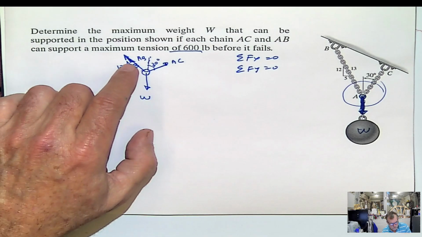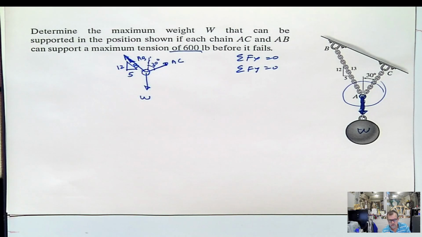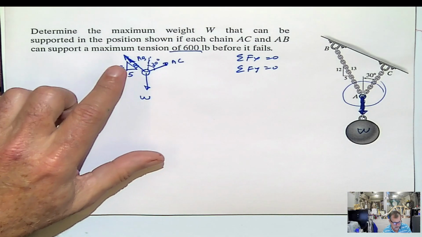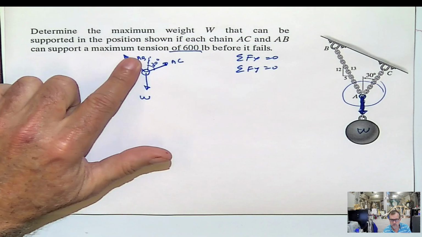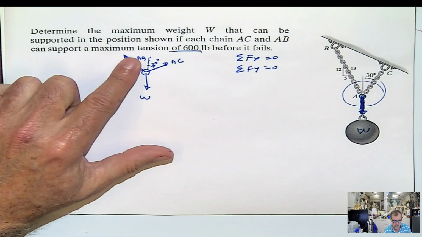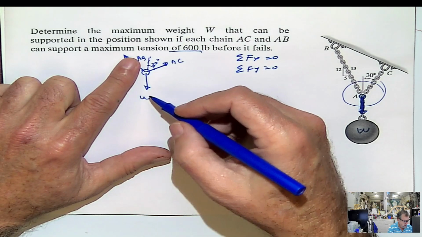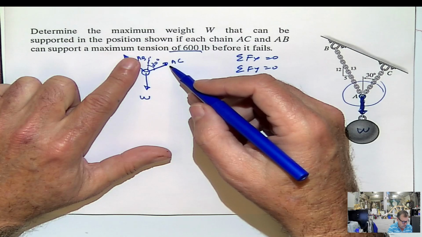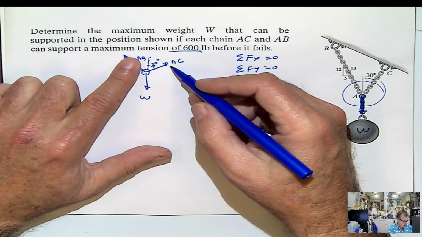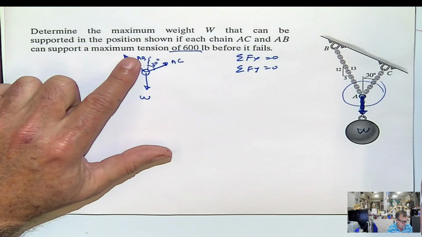If you only have two chains, like this case, the easiest way to solve it is assuming one of the chains is 600, calculating the weight, and once I know the weight, I calculate the other tension here, and that's pretty straightforward.